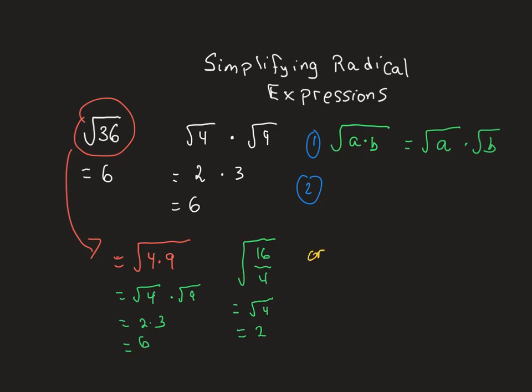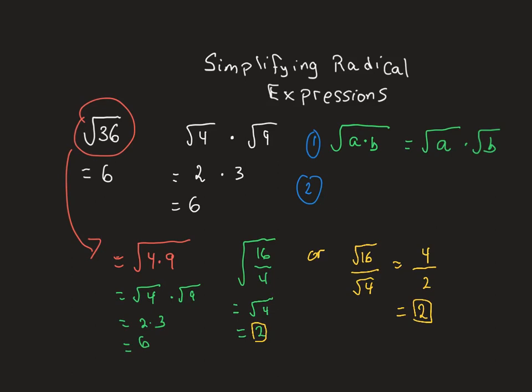Or I can look at it this way. I can say the square root of 16 divided by the square root of 4. Am I going to get the same answer? Well, square root of 16 is 4. Square root of 4 is 2. 4 divided by 2 is 2.